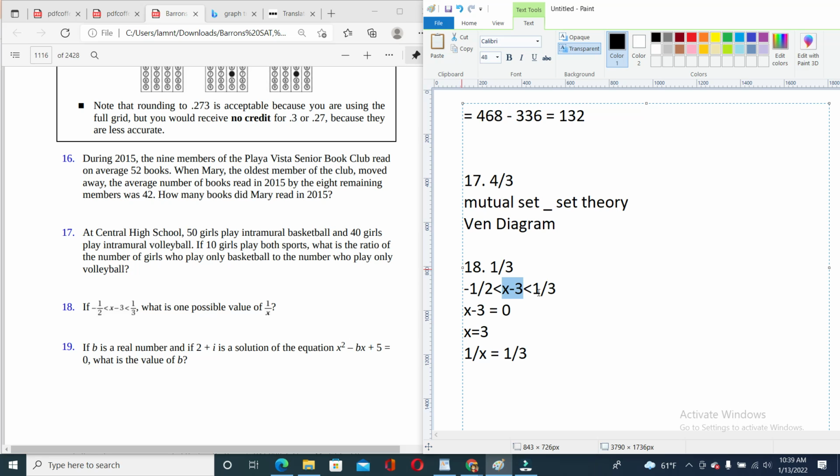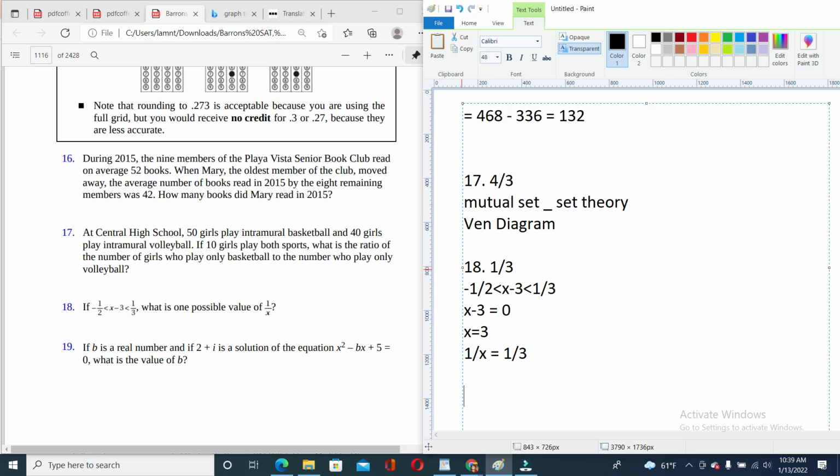Anything else, maybe they're in a bad mood and they can just mark it wrong. So for safety, just put 1 over 3. Even if you get a correct answer other than this, but your answer is a little bit ugly, maybe they're going to discard it, maybe not, but for safety, just 1 over 3.